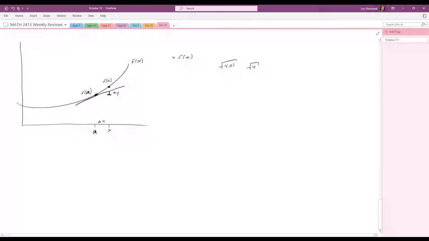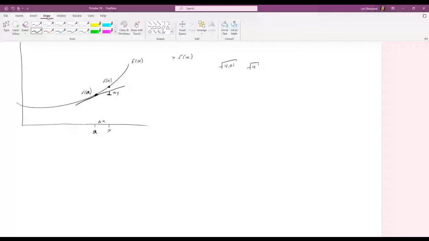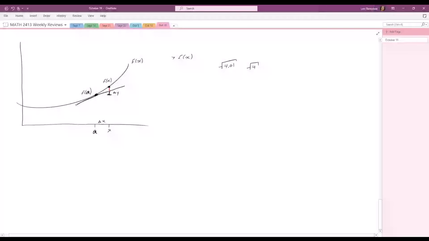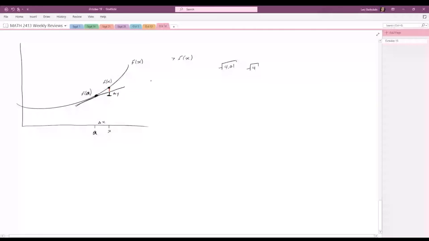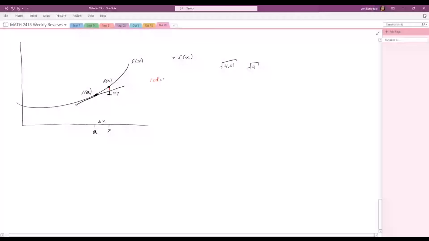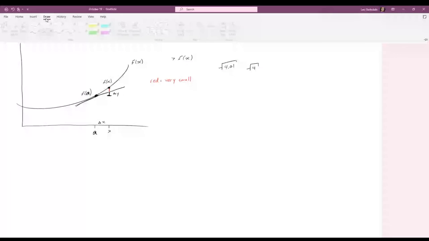And the idea is that this third distance, the distance between our tangent line approximation and our actual value, is very small. We're just going to say that it's very small. Basically, the smaller this red line is, the closer our approximation is.